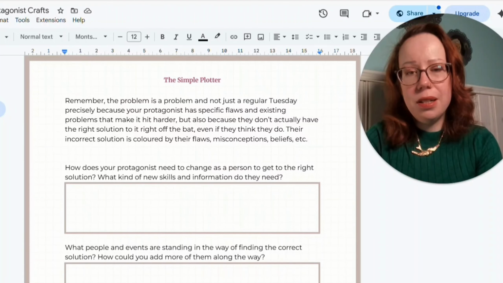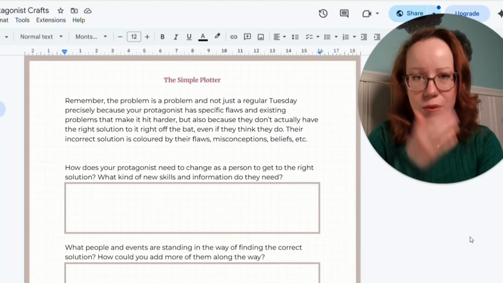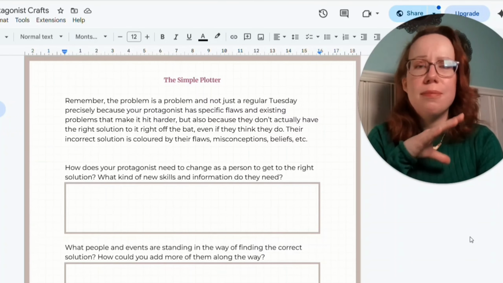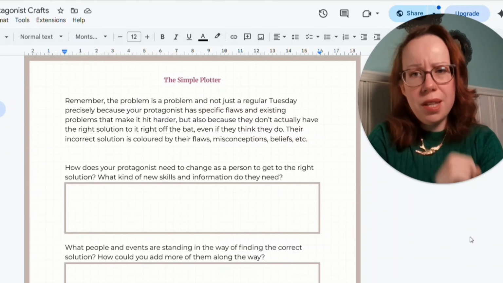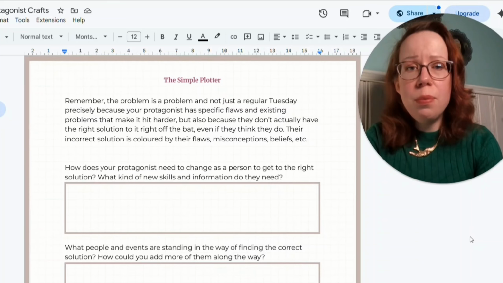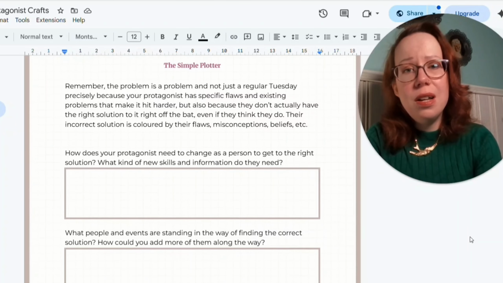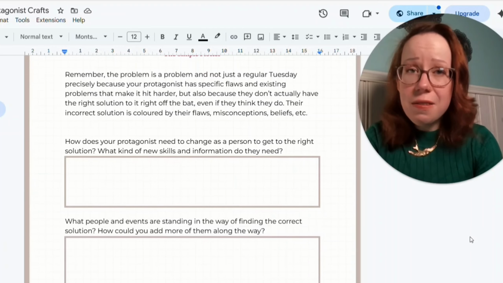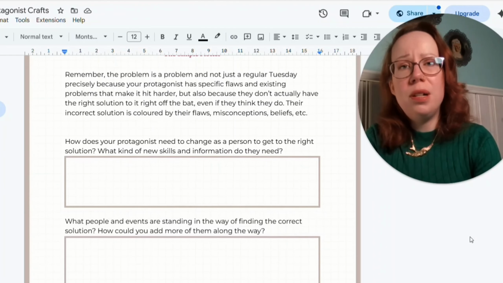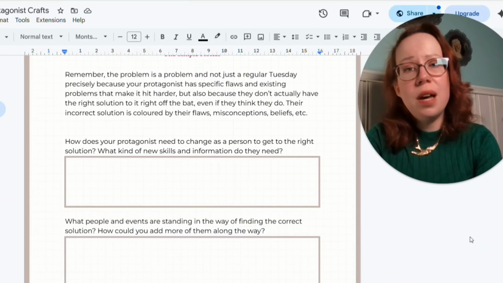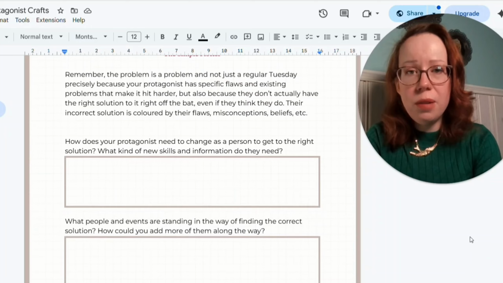And I've got some extra explanation here to help you hone in on this problem thing, because the problem is a problem and not just a regular Tuesday, precisely because your protagonist has specific flaws and existing problems and these misconceptions that make it harder to solve the problem.